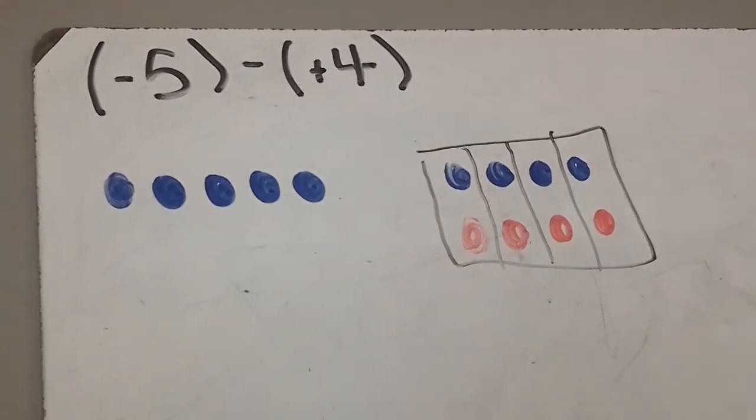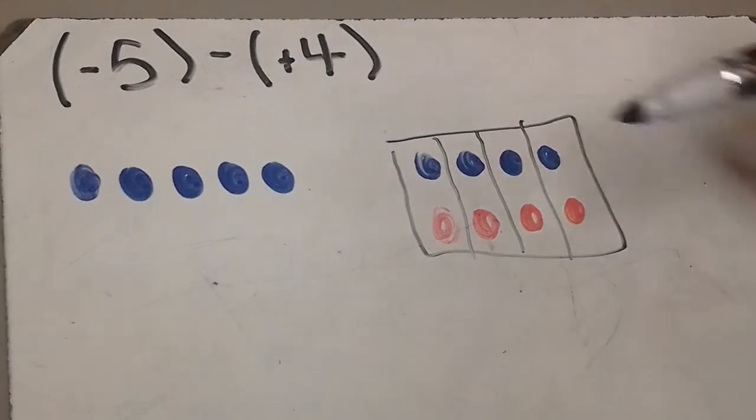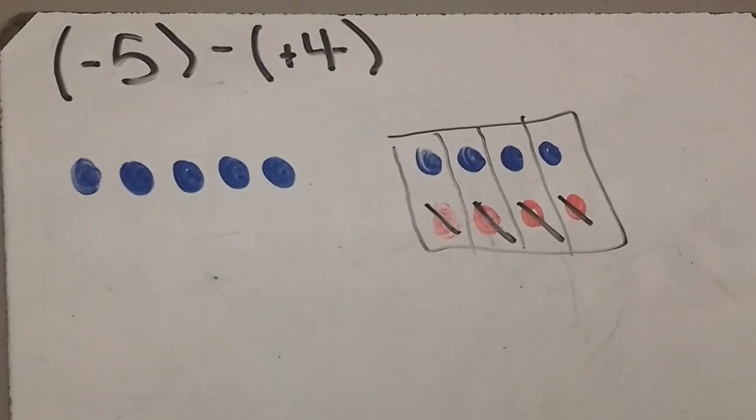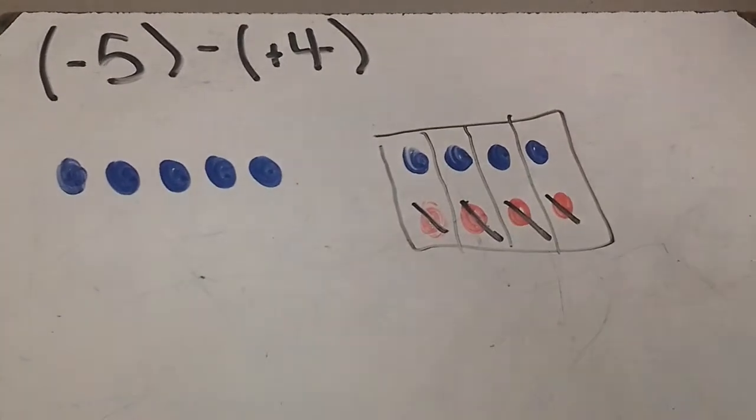Now you can cross off your 4 positive counters. And you are left with negative 9 counters.